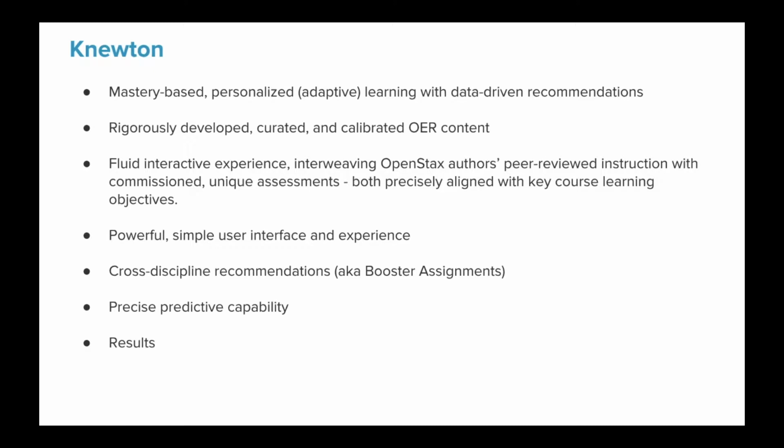Side note, something that differentiates Newton from other platforms that may be talking about adaptivity is that we provide cross-discipline recommendations, a feature called booster assignments. So if a student is flagging on a particular item or particular learning objective, and it's related to some cross-disciplinary area where they don't have mastery or they've lost mastery of it, we're able to provide that.